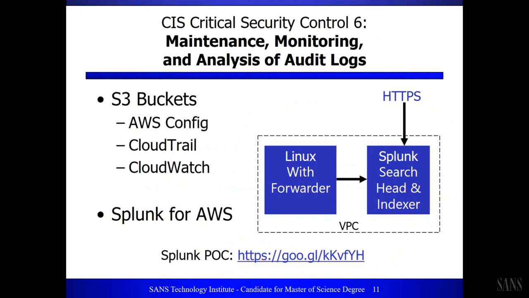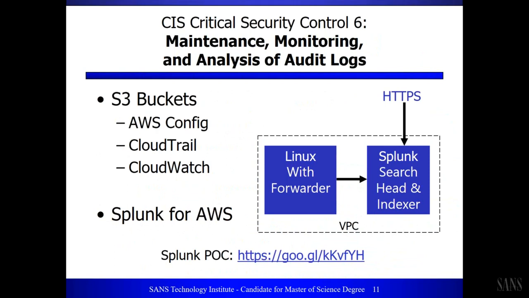Amazon stores the logs generated by their various services in S3 buckets, for example, Config or CloudTrail and CloudWatch. These logs can be queried directly by AWS Athena or sucked into Splunk. Splunk has the Splunk for AWS app that even facilitates the ingestion and analysis of these logs.